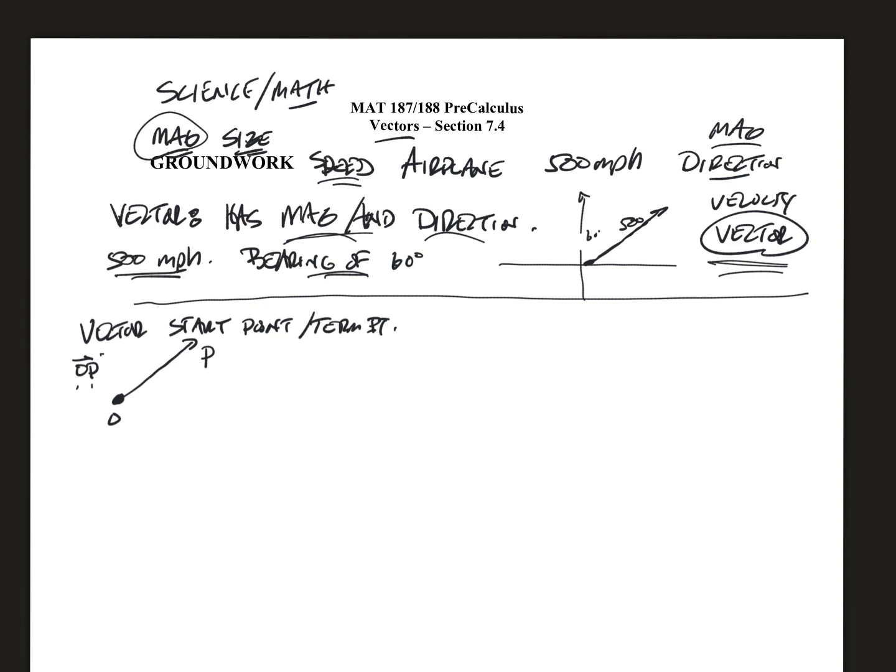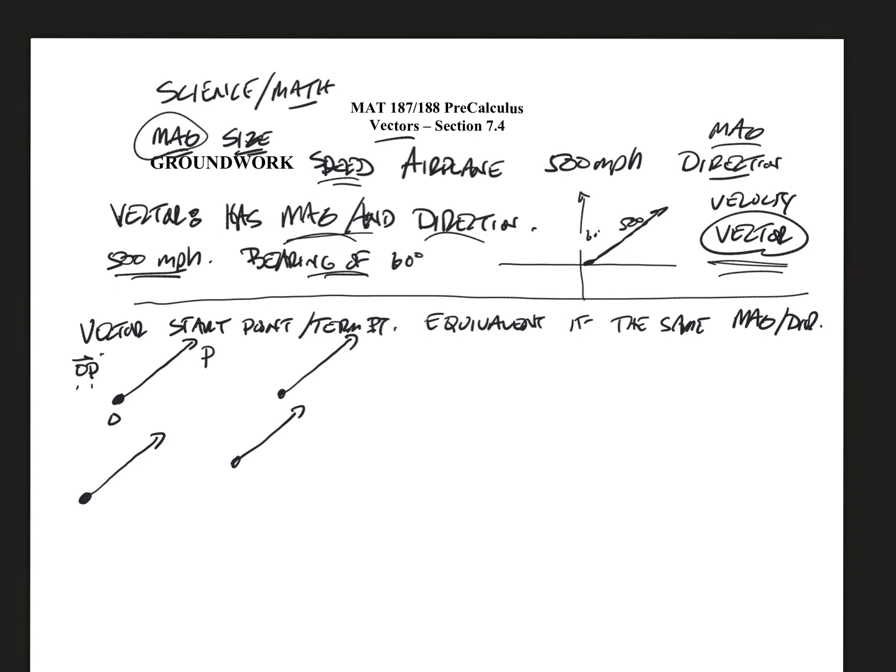And the cool thing about vectors is that vectors are equivalent if they have the same magnitude and direction. So the vector that I drew here, if I was to draw one that has the same size and same direction down here, they're equivalent. Even if I moved it over here, that's equivalent. Or if I moved it here, that's equivalent.